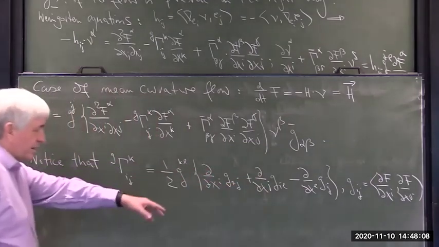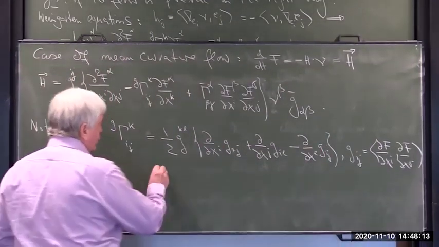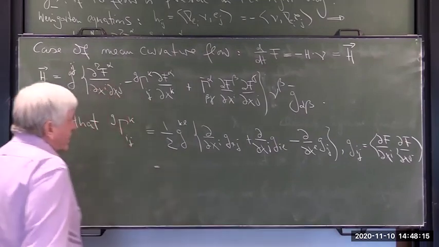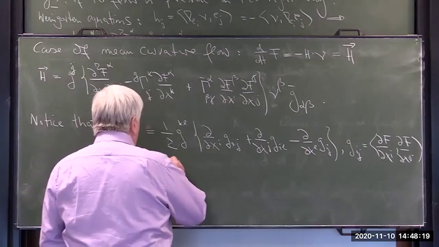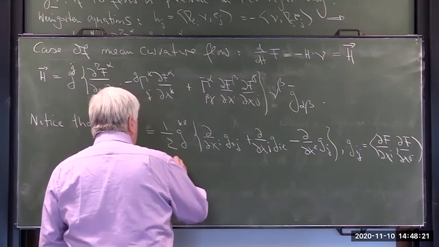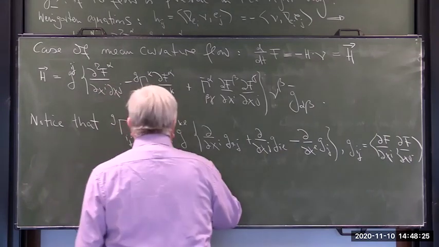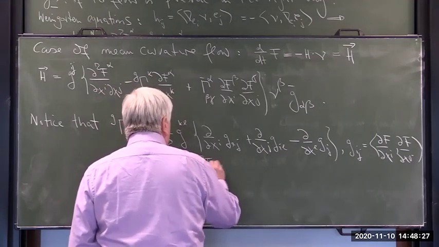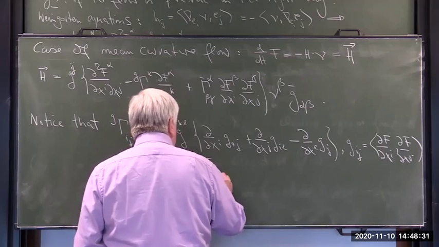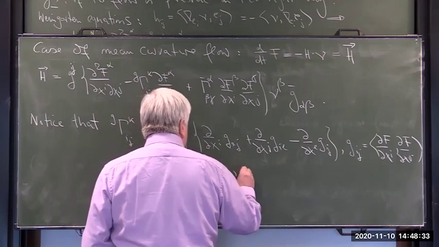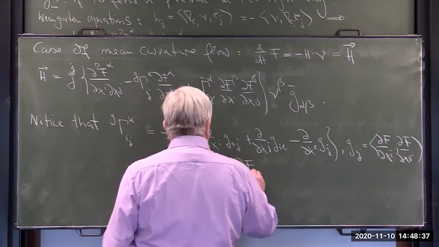So when you plug this second formula into here, do a little calculation, you find that you end up with exactly g^kl times the inner product of the second derivatives of f with respect to x^i x^j times df/dx^l.